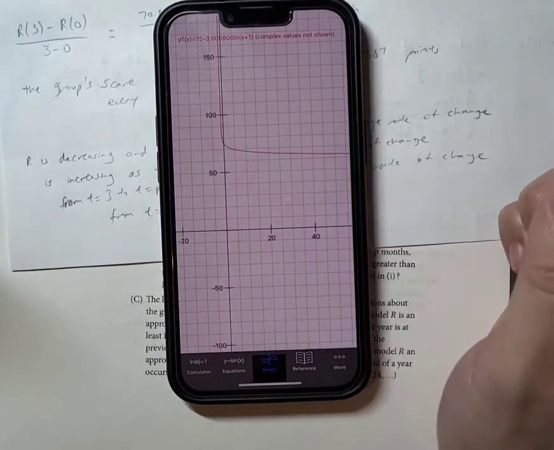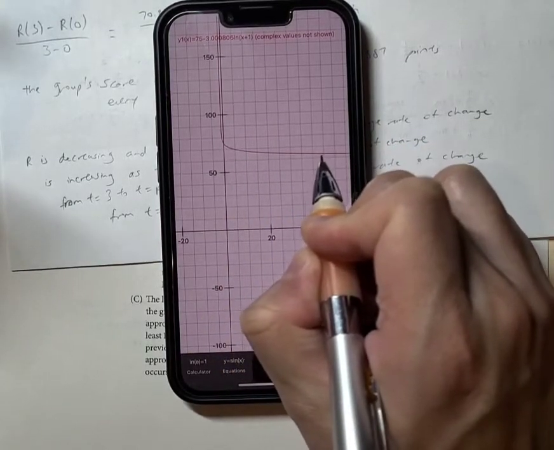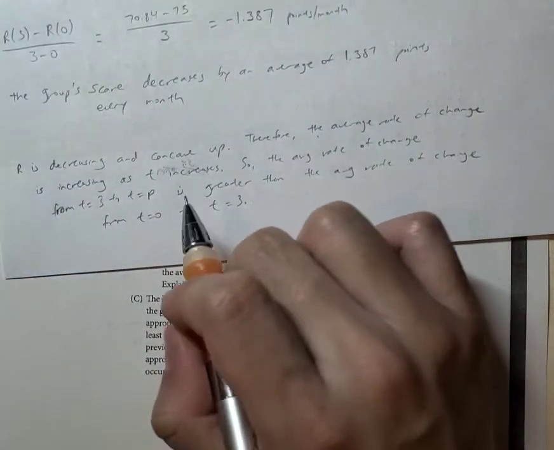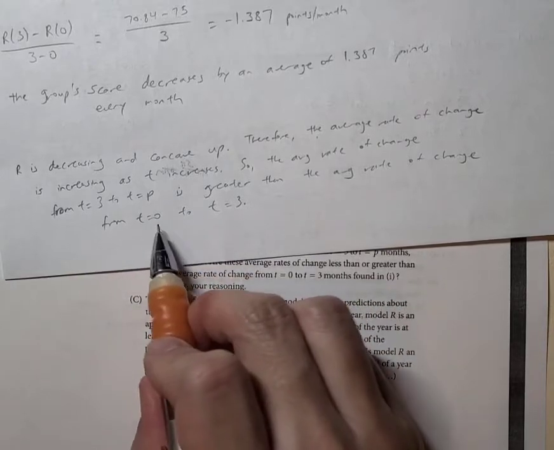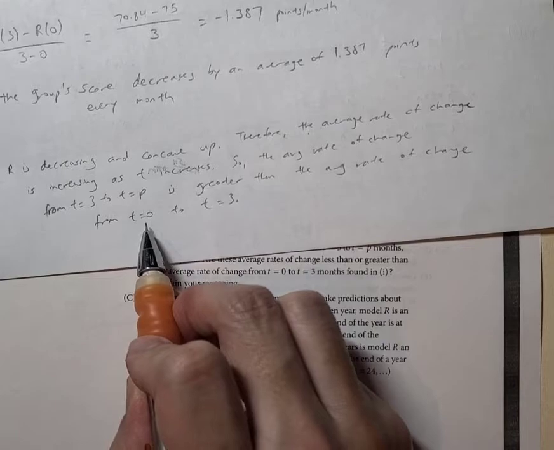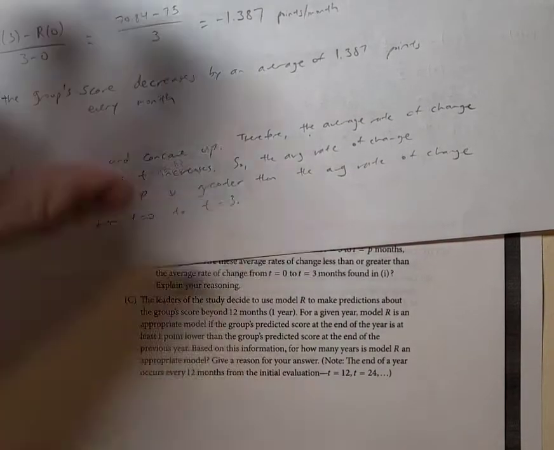This one's more negative, this one not as negative. So the not-as-negative number is bigger. So that's why the average rate of change is increasing as t increases. So therefore, this average rate of change from t is 3 to t is some number p will be greater than this guy. Okay, hopefully that makes sense.